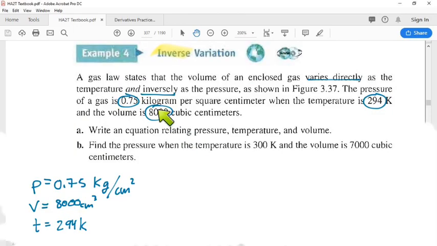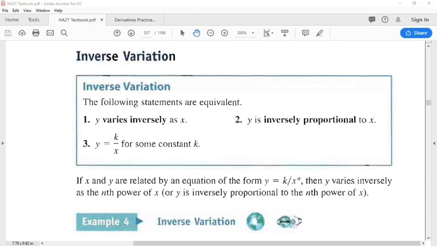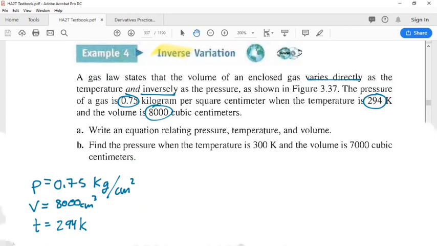So in our problem, it says the volume varies inversely as pressure. So which one gets divided here? Y varies inversely as x. You see how x is dividing the constant of proportionality. Volume varies inversely as pressure.